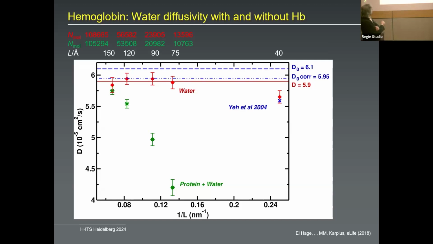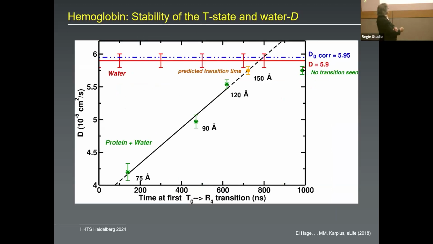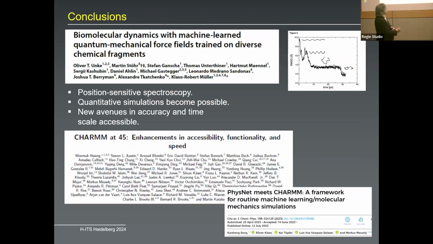And then it starts to pick up speed, and it approaches the finite size value. And if we then plotted the lifetime, as per our simulation, on the x-axis, relative to the diffusion, you see it is almost a straight line. The 150 didn't decay, so we just plotted the last point, which was 800 nanoseconds in the simulations. And this was just an empirical finding, which we found was interesting.